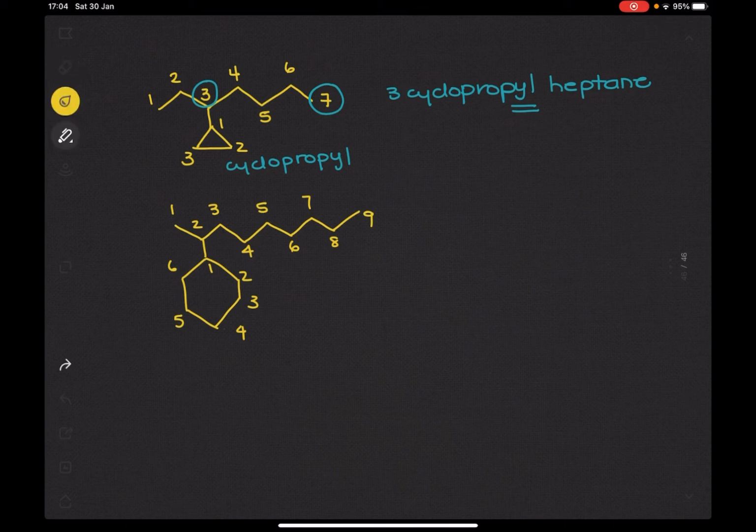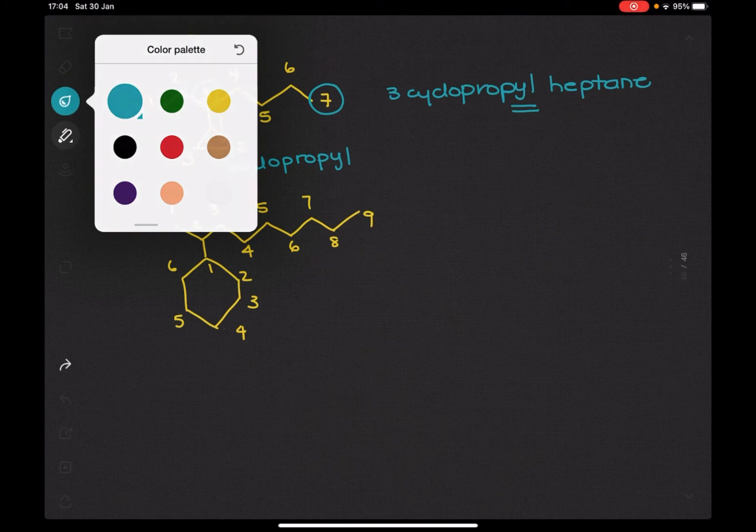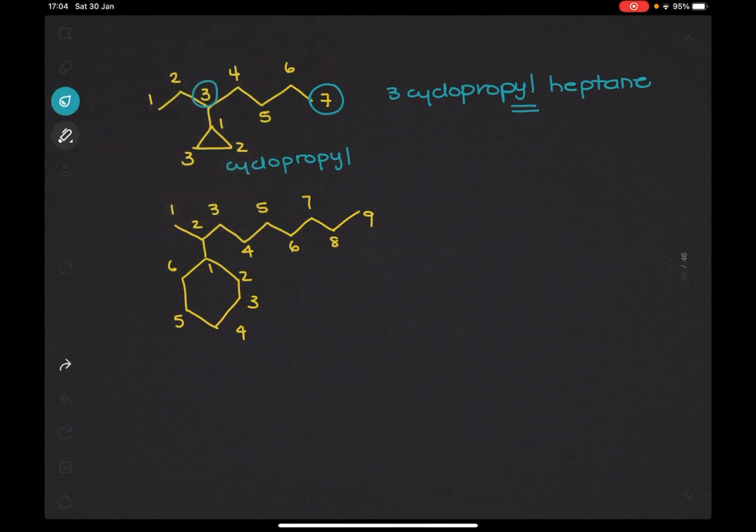So the main structure is going to be the alkane structure, and the cyclohexane will become a substituent. So in this case, it's in carbon 2. So I have 2 cyclohexyl nonane.